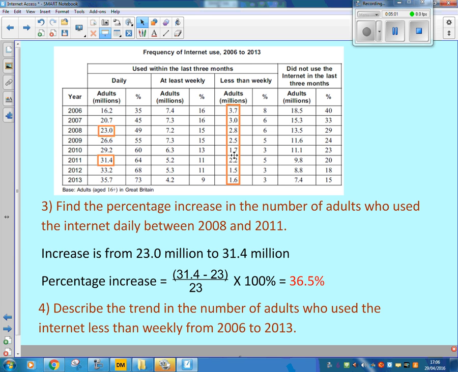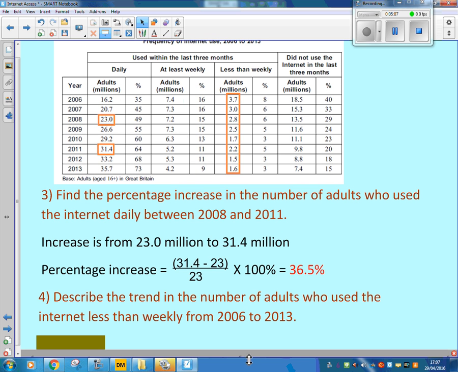It was 1.7 million, it's gone up to 2.2 million, then down, then up again. But if you're looking at a trend, you don't need to describe what's happening at each stage. You just look at the overall trend. The overall trend is from 3.7 million down to 1.6 million. The trend is going down. So all you need to say is the trend is decreasing.